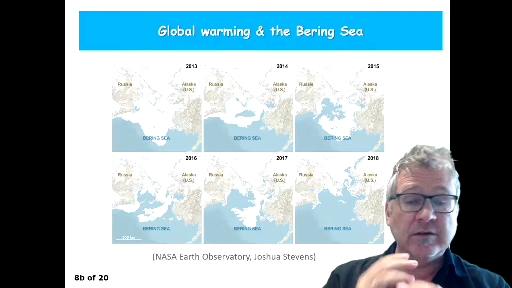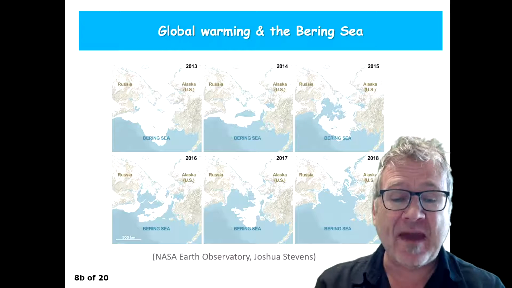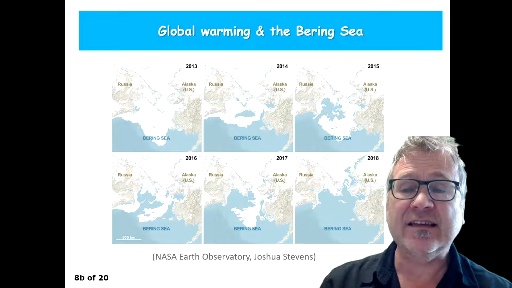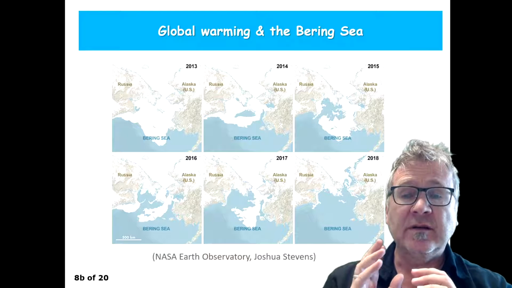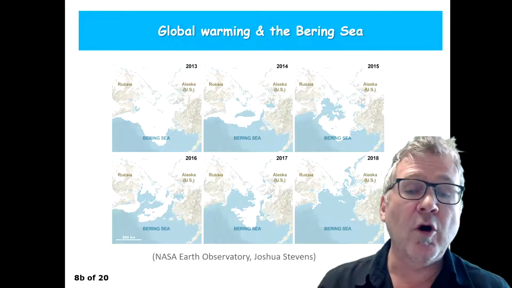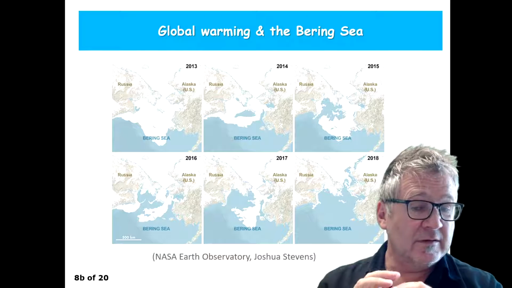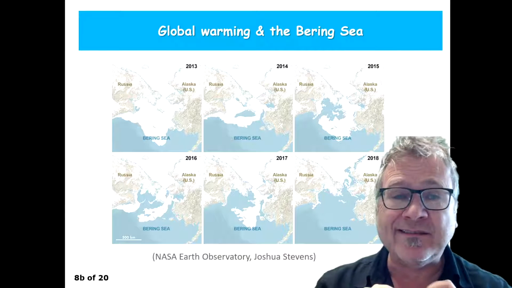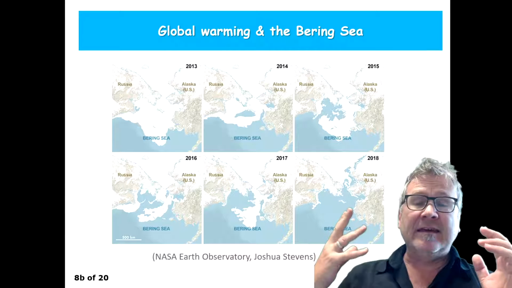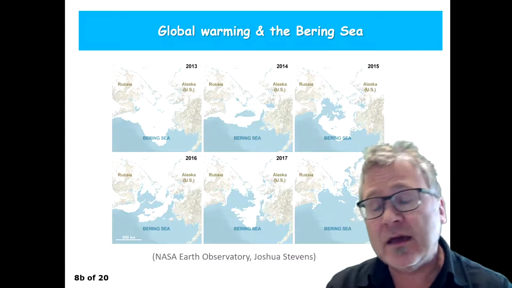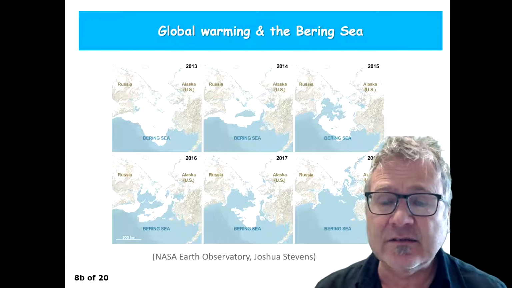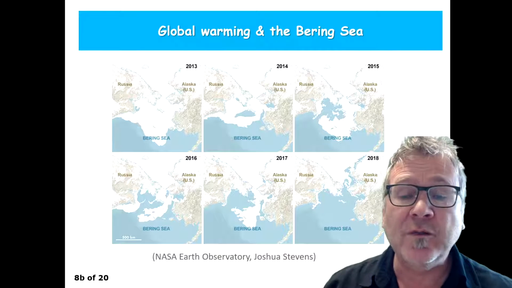So now the question is, in the future, will the ice come back in this area, or is this a permanent signature associated with the global warming trend? Whether this is what we call a tipping point for regions like the Bering Sea and the marine ecosystem in that area. It greatly matters whether you have a formation of sea ice during wintertime or not.